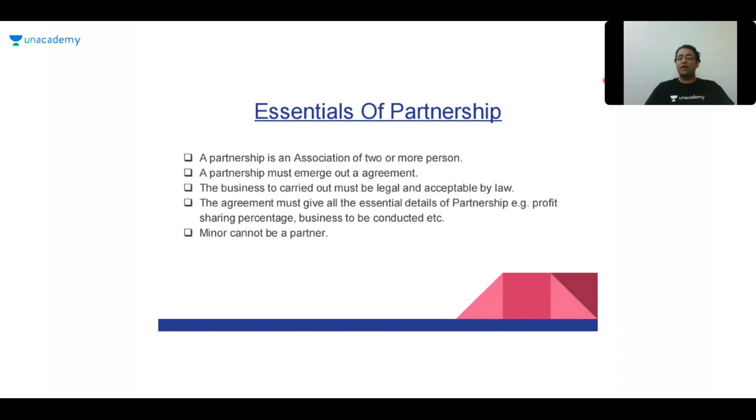The agreement, the partnership deed, for whoever has got a chance to witness one, contains all the essential information and elements of the partnership.